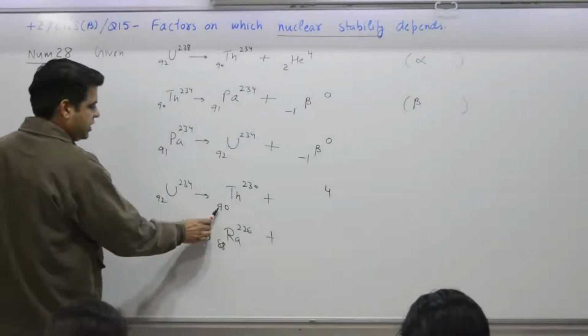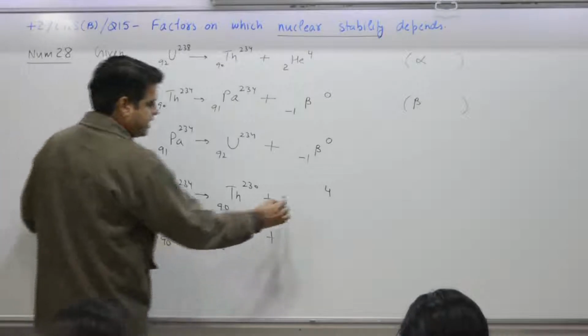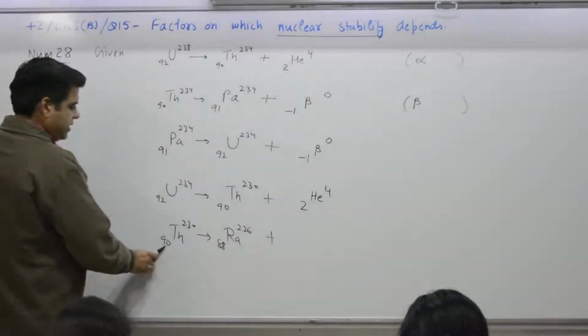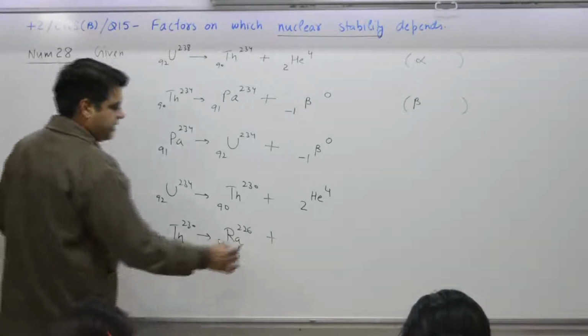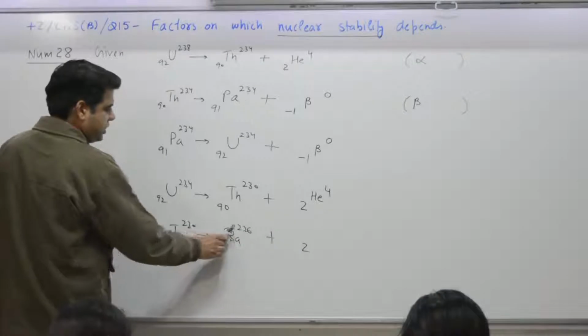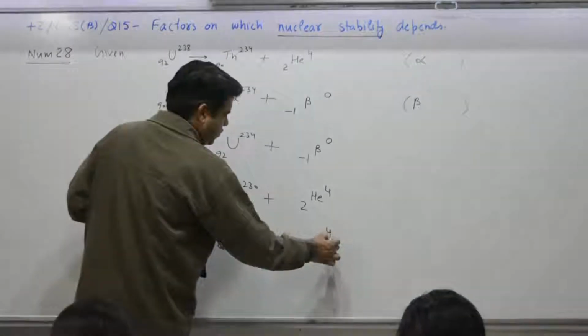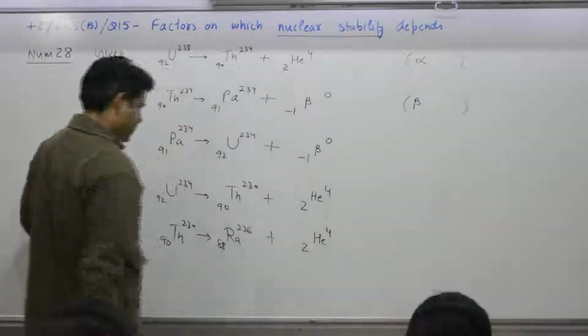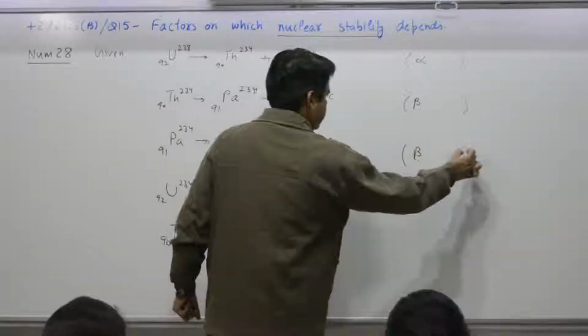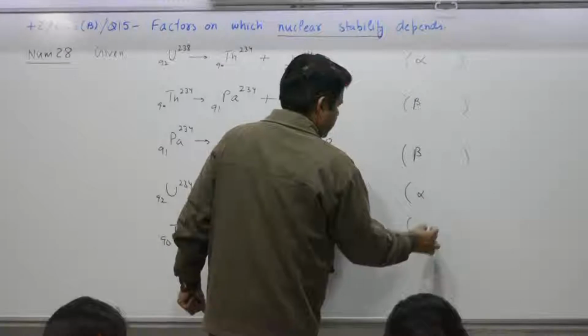It is 92, it is 90, 92 minus 90 is 2. It is a helium, alpha particle. This is 90, this is 88, so 2. This is 230, this is 226, 230 minus 226 is 4. So, alpha, beta, again alpha and alpha.